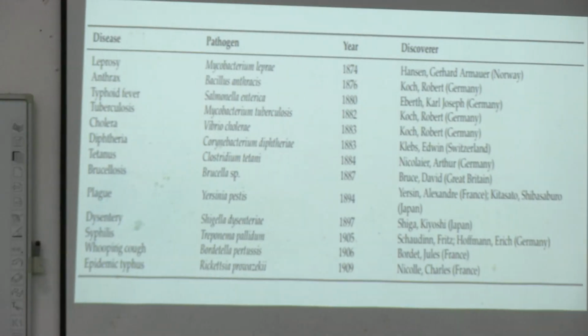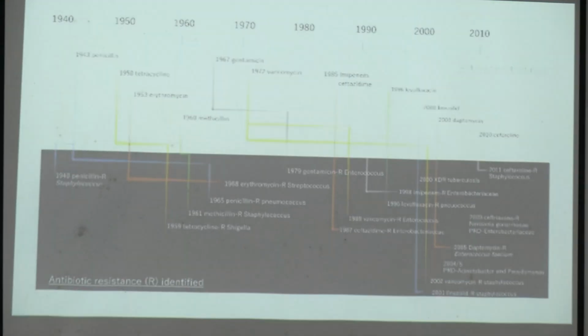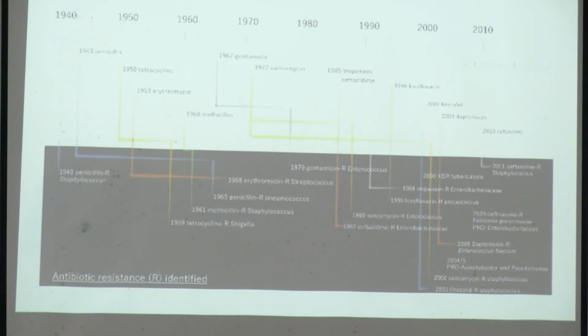Subsequently, many diseases, as you can see in the list, and their implicating bacteria have been identified. Over the period of the last century, these diseases were further elaborately understood, and the treatment of these diseases, especially with antibiotics, really had a very good effect on the human population itself.